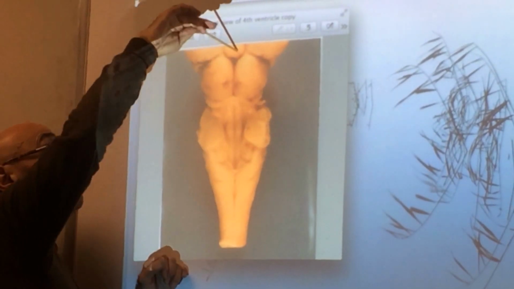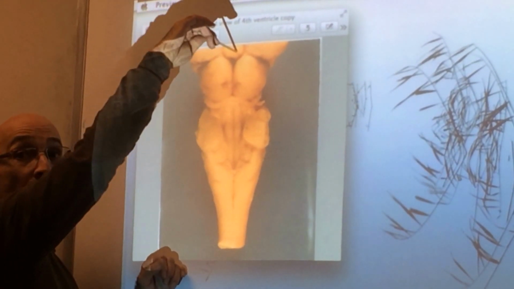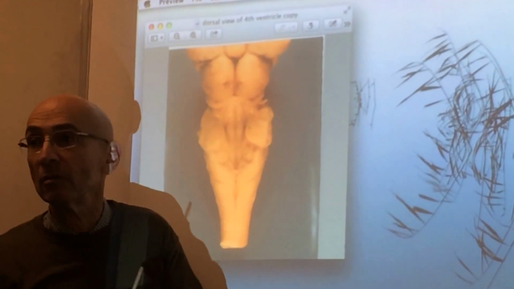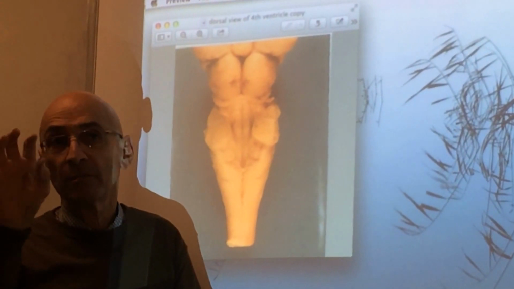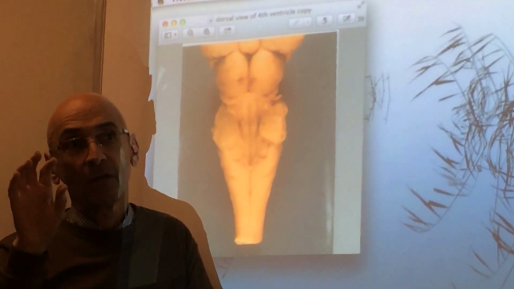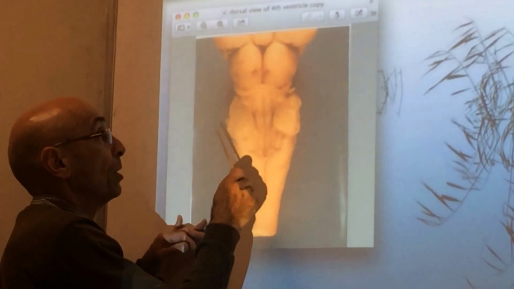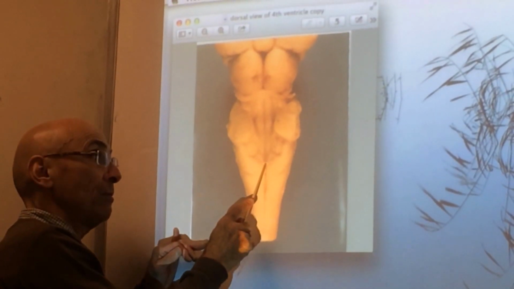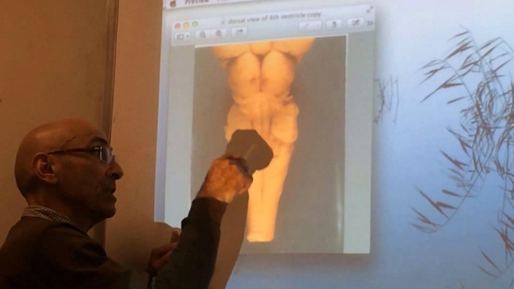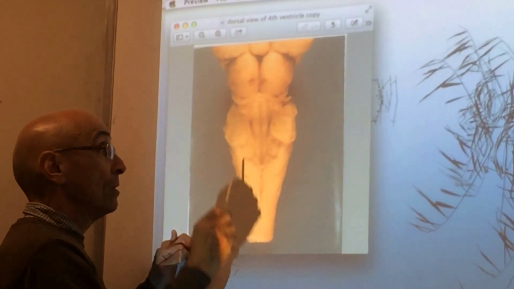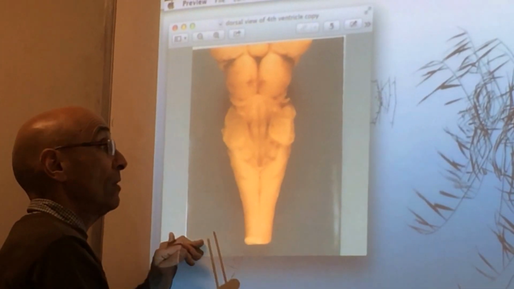Identify this structure. Pineal body. Remember on your sagittal, it's habenula, pineal, and then colliculus, right? And so there's pineal. Identify this structure, the obex, just as that 4th ventricle opens. And so this is the space of the 4th ventricle.